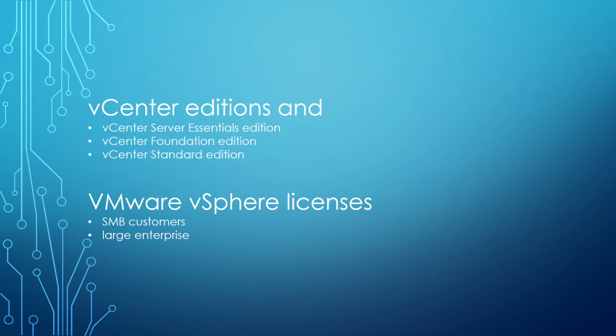Next, let's discuss the different vCenter editions and vSphere licenses available. The vCenter Server Essential Edition also centralized management of 3 ESXi hosts. The vCenter Foundation Edition is limited to only 3 ESXi hosts and doesn't support vCenter linked mode or include vCenter Orchestrator.